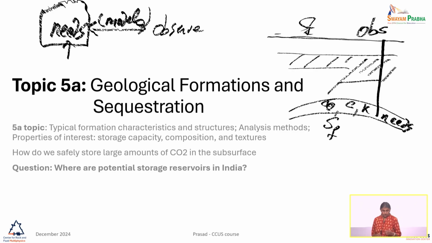So we'll look at some of the definitions of properties, we'll look at some of the models. We'll see how we create porosity maps given what we have from the surface. What are the uncertainties and what are the challenges in using models?